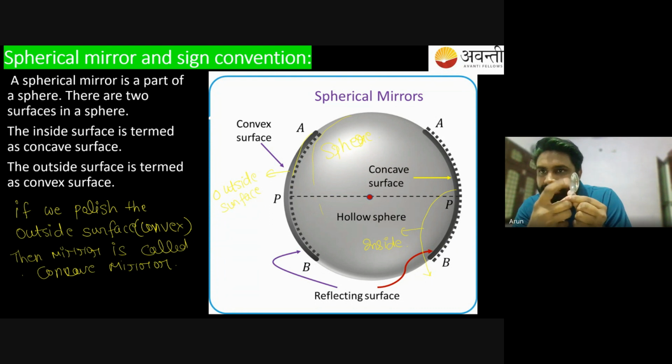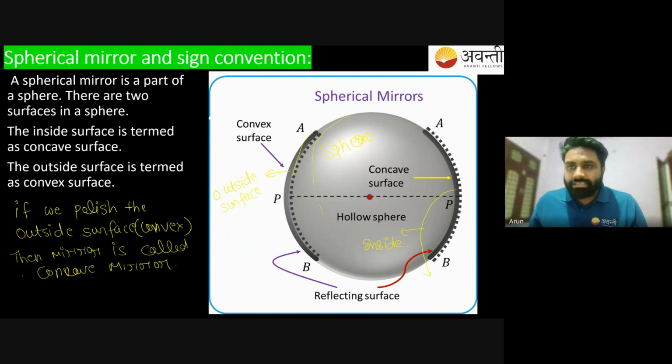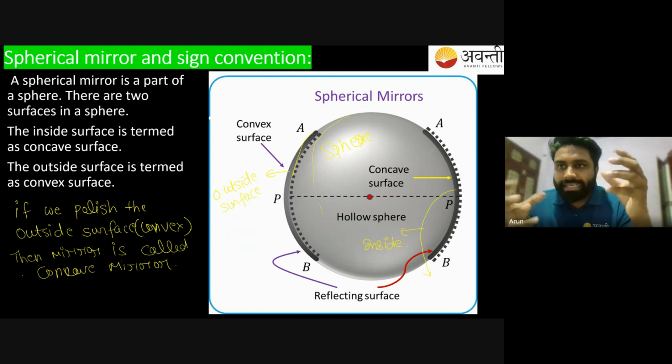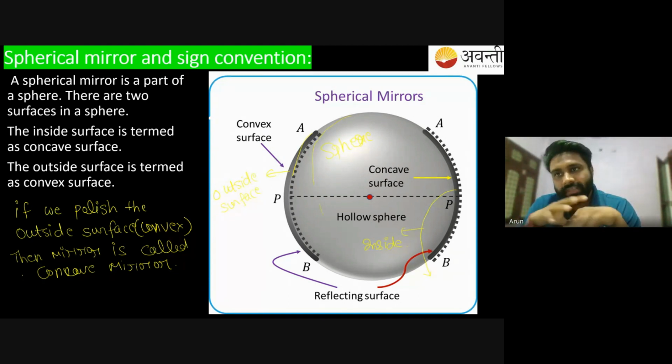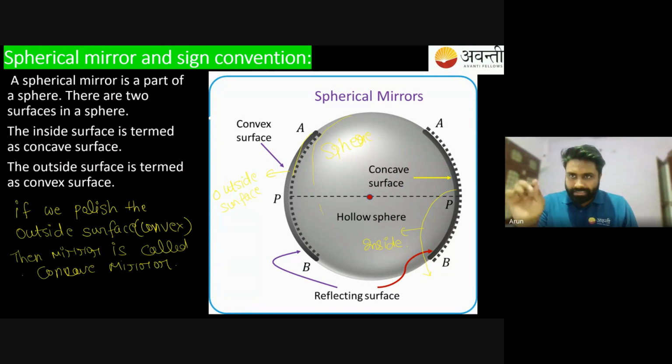This inside surface is termed as the concave, and this outside surface is termed as the convex. Going home, you can see that on the outside surface the image will be erect, a straight image, and the inside surface will have the inverted image, an upside-down image. That could be the real example of it.